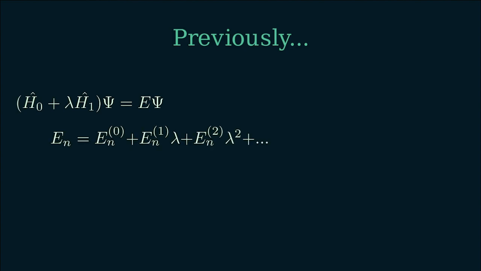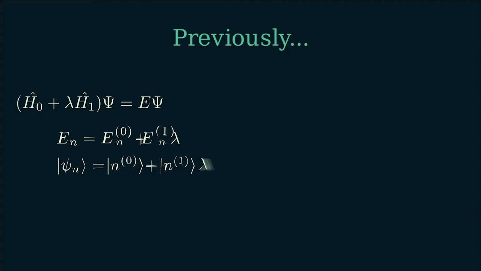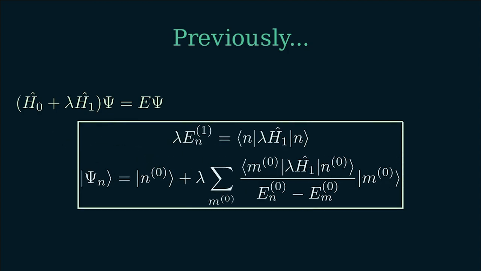So we did a series expansion for both the eigenvalue and the eigenstate, and truncating it to the first order, we found an expression for the first order correction terms. Since the series expansion worked out quite well for us in the non-degenerate case, why not do the same here and see where it leads us?